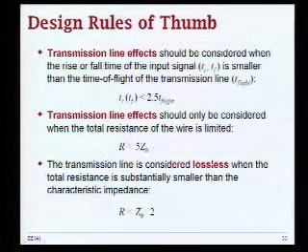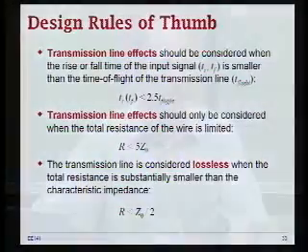And finally, a transmission line is considered lossless where the resistance is really small. The rule of thumb there is that resistance has to be smaller than 1/2 of the characteristic impedance for the transmission line to be considered lossless. So we'll review this briefly next time, and I'll see you this evening in review session.